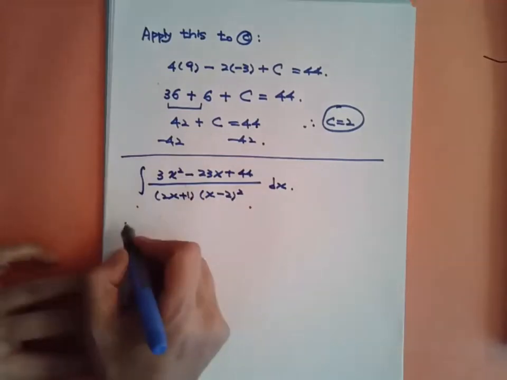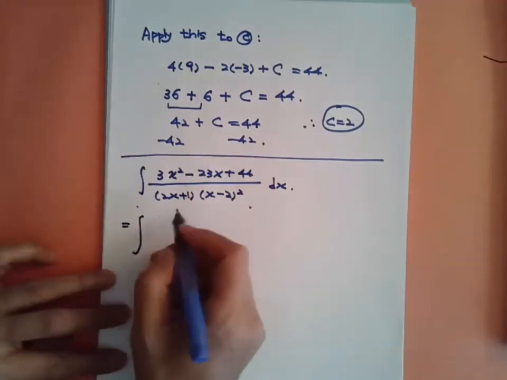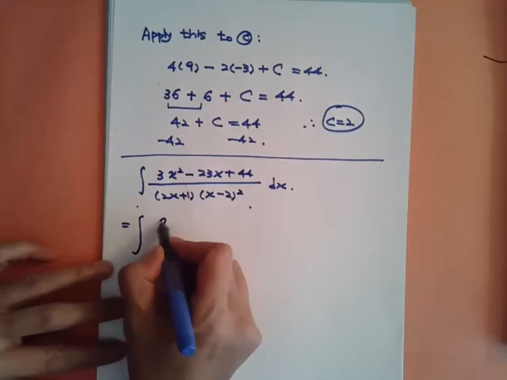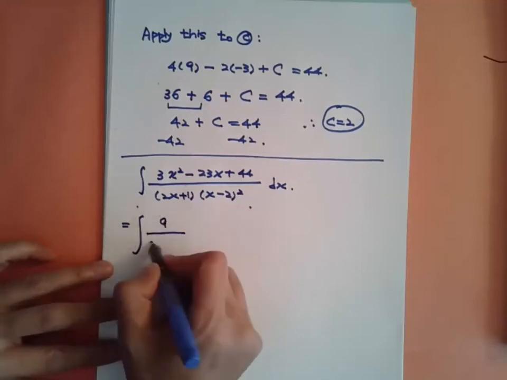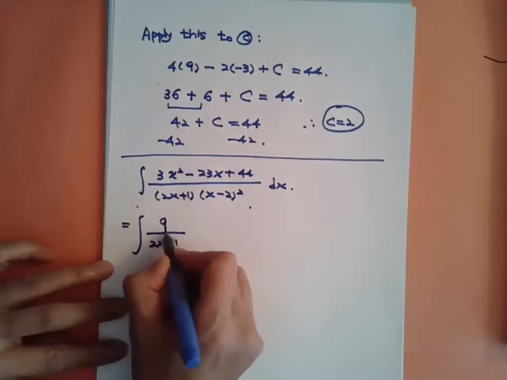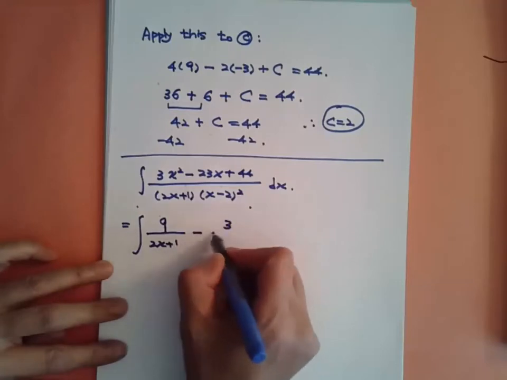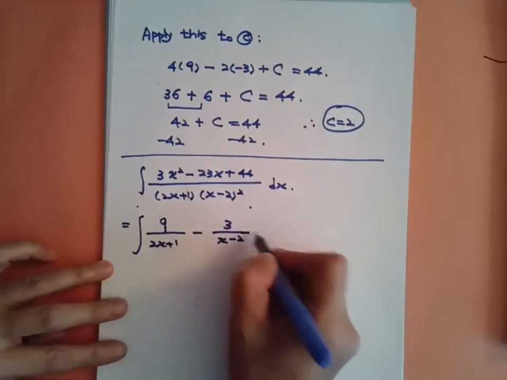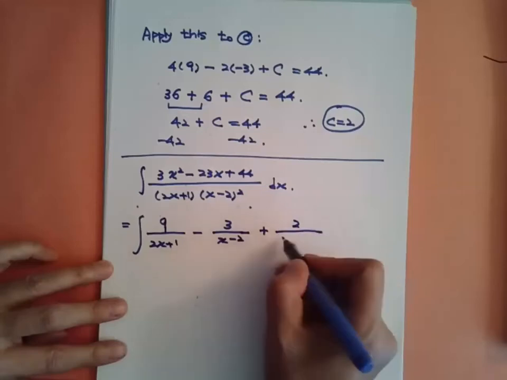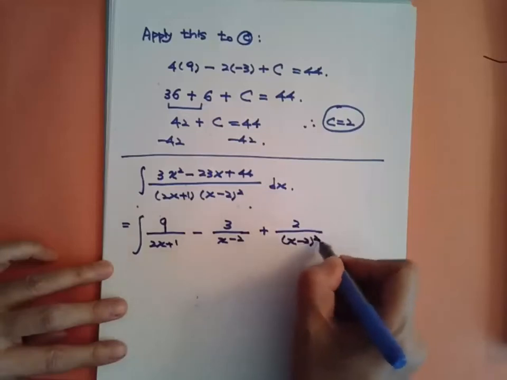Based on our result, that can be written as 9 over 2x plus 1 minus 3 over x minus 2 plus 2 over x minus 2 squared dx.